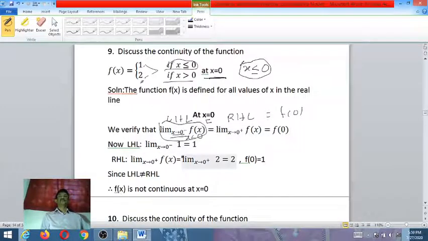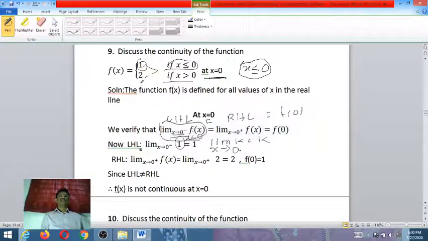When x is less than 0, what is f of x? Look at this function again. For x less than 0, the function is 1. So in the place of f of x, we write 1. So what is the limit of 1? It is always 1, because we already told you the limit of any constant k is always equal to k, whatever number x tends to.